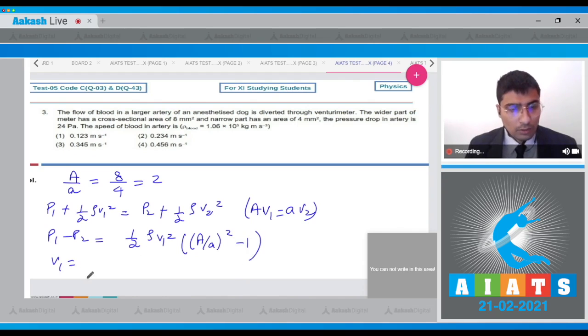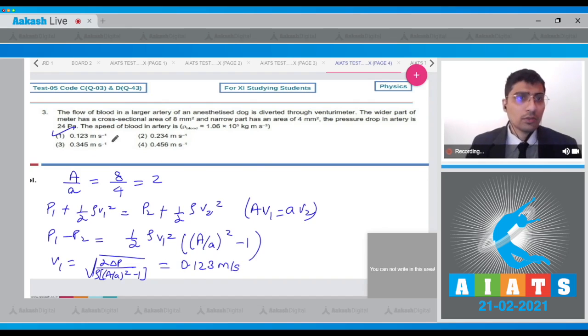So V1 will be simply under root of 2 delta P, which is P1 minus P2, divided by rho, into capital A by small a square minus 1. On putting the given values, the correct answer turns out to be 0.123 meter per second, and hence for this question the correct answer is option 1.